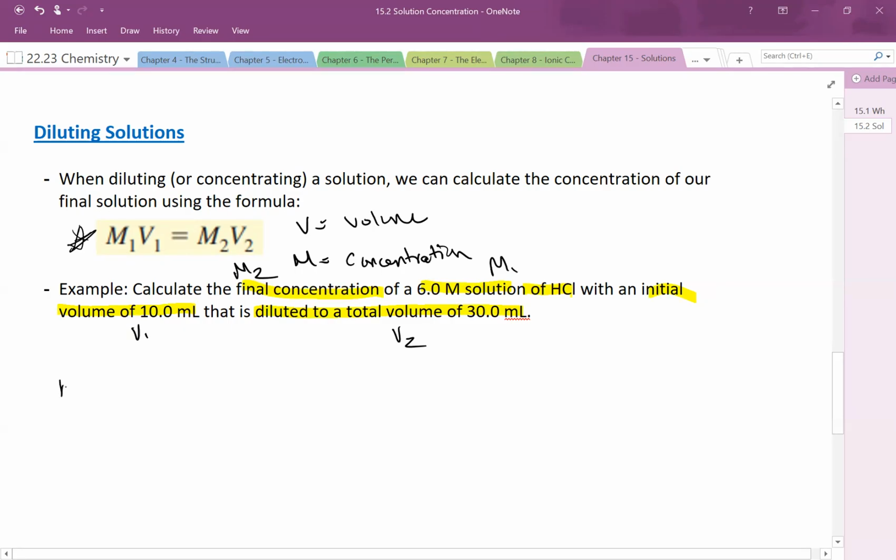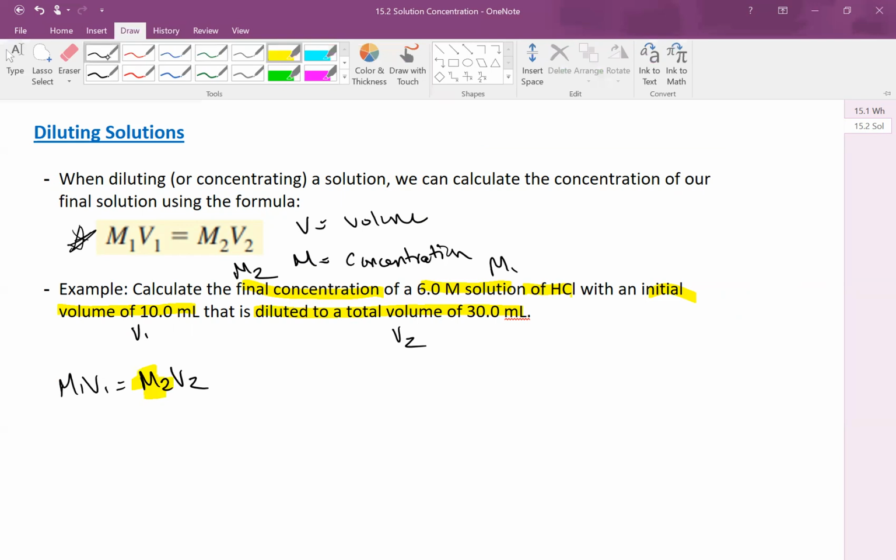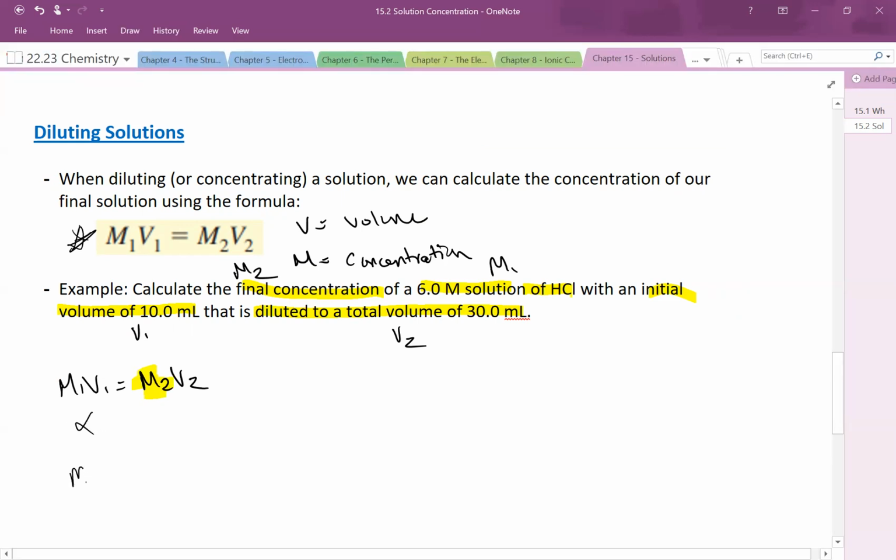So in my formula of M1 V1 equals M2 V2, I'm solving for M2. I'm going to move that V2 over, which tells me that M1 V1 over V2 equals M2.